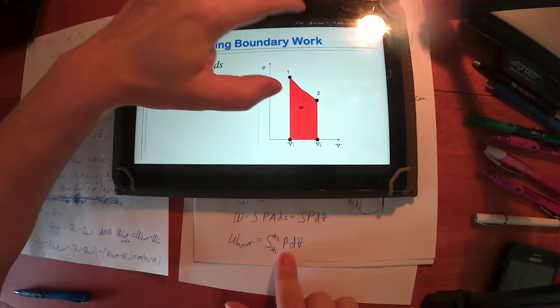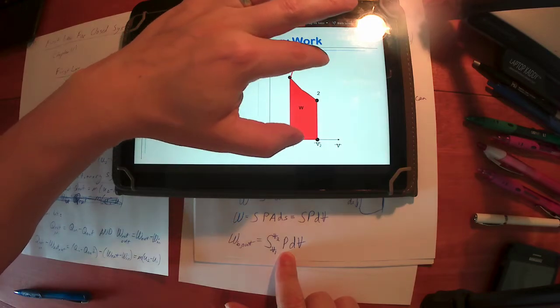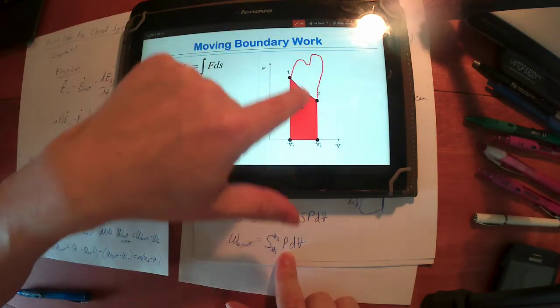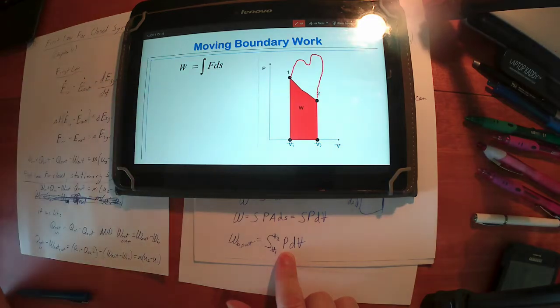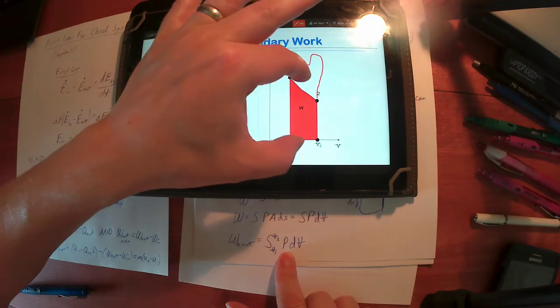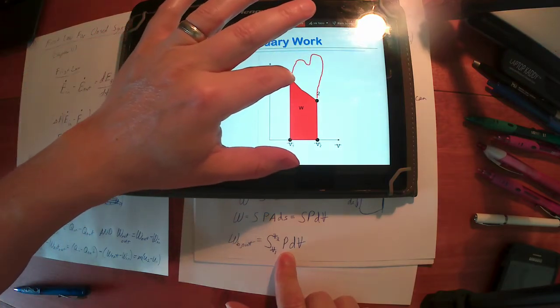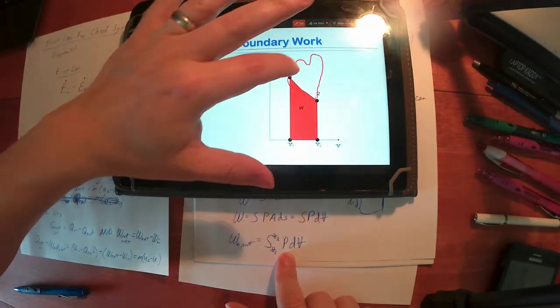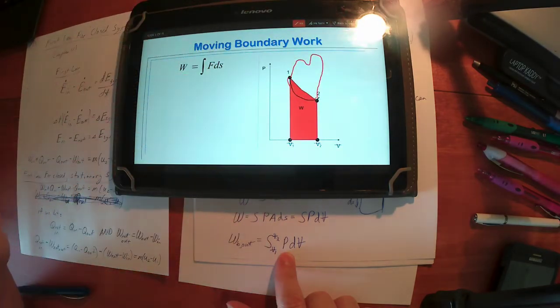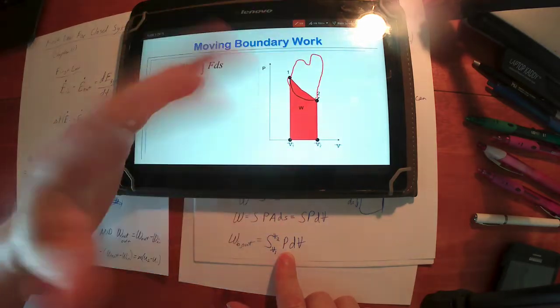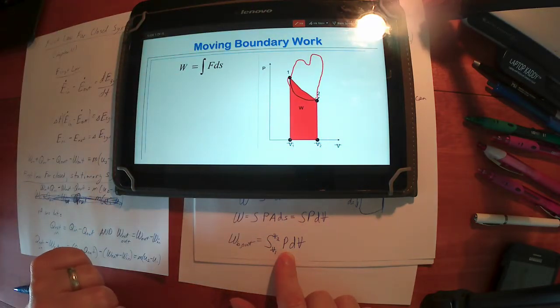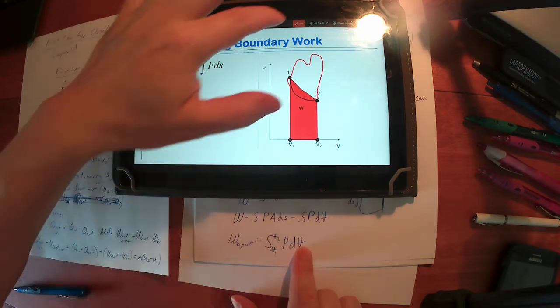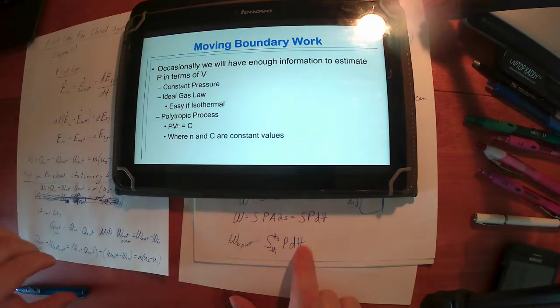Notice that if I've got a different path, something up here, this is a different area. And remember, work is path dependent, just like heat is path dependent. The area is going to depend on whether I have a path down here, a path straight across, or a path up here, and I get different works, because how pressure is a function of volume determines that work quantity.